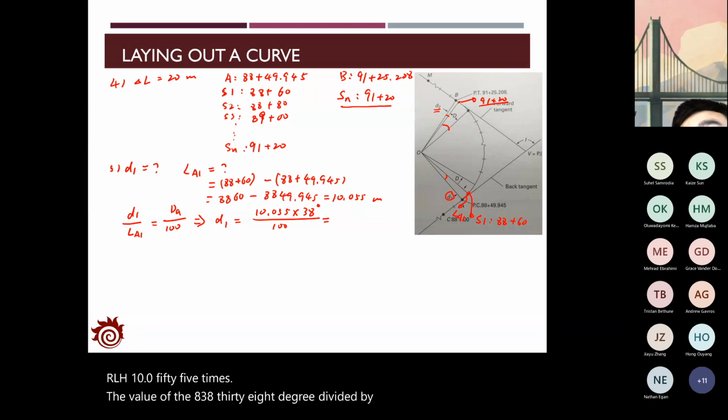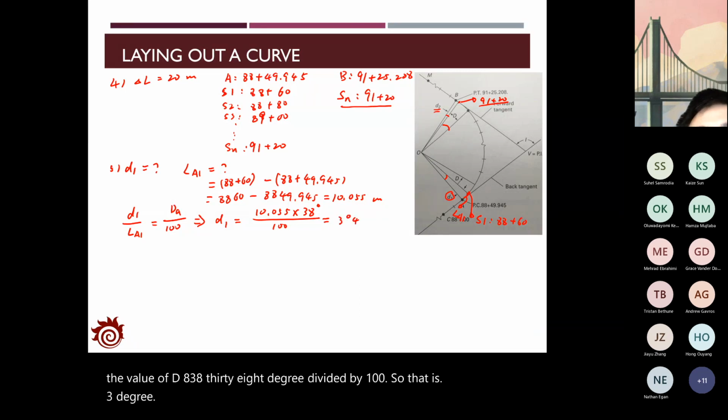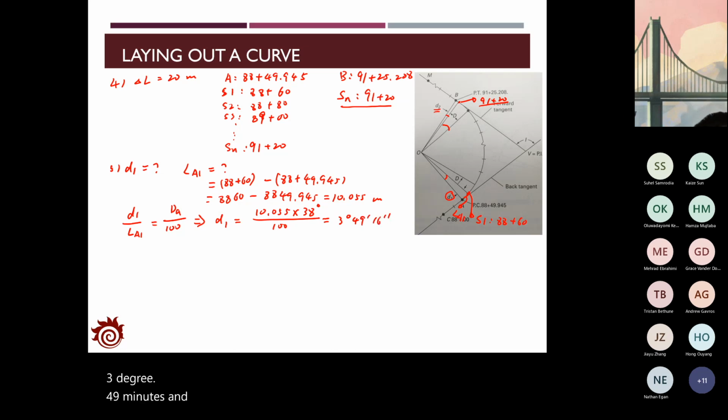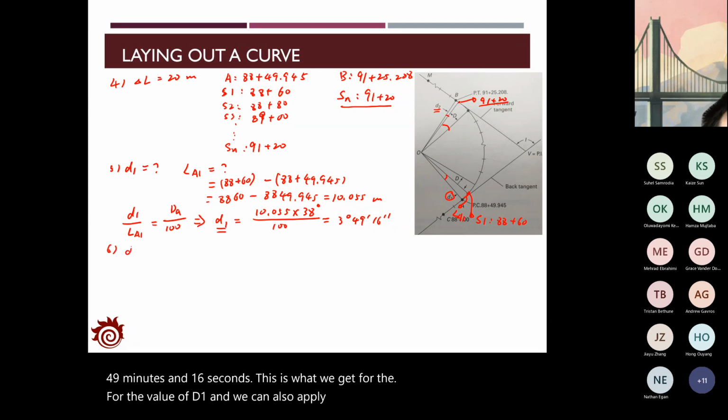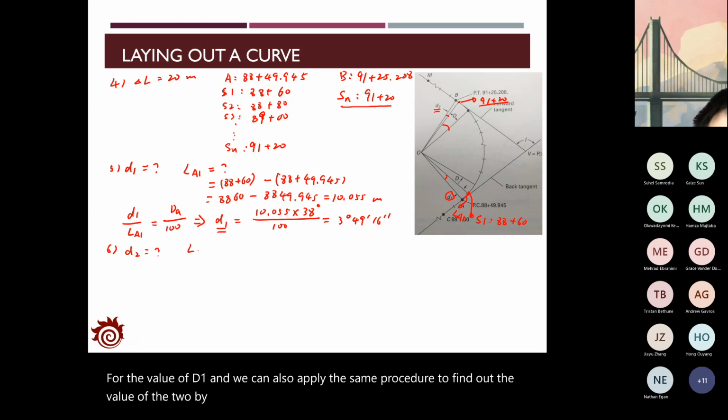So that is 3 degrees, 49 minutes and 16 seconds. This is what we get for the value of D1, and we can also apply the same procedure to find the value of D2 by finding the distance from the last station to the terminal point B.